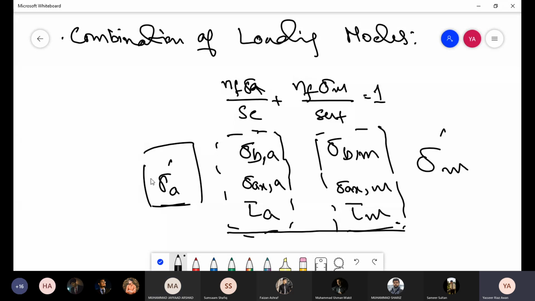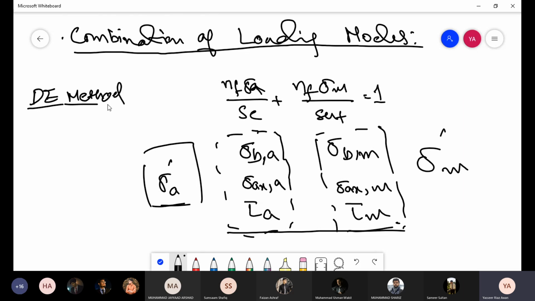So we have multiple methods of solving this case, the combination of loading modes. We can use principal stresses. One method is called the science method, and in that we also use some principal stresses and some combination. But the method that we use most often and would study is the distortion energy method. We are already familiar with this.